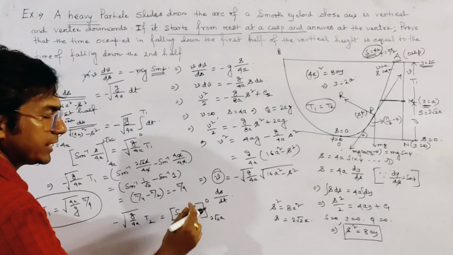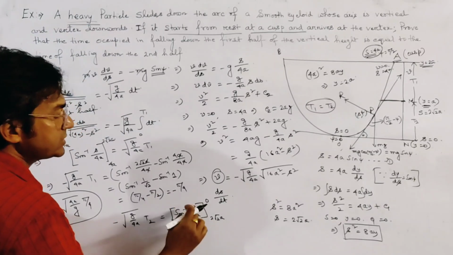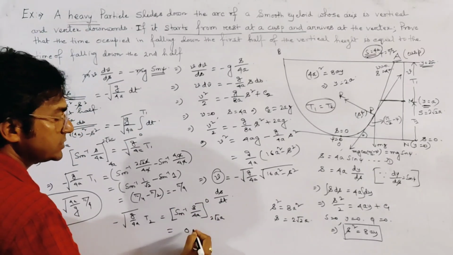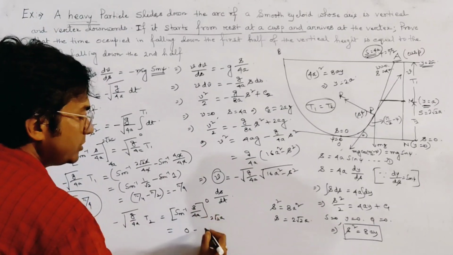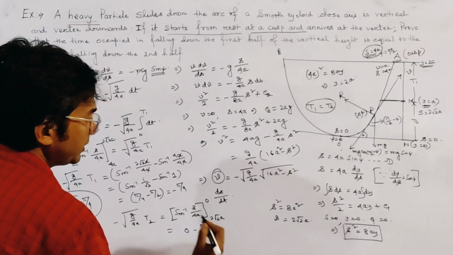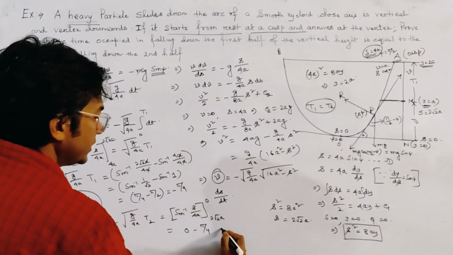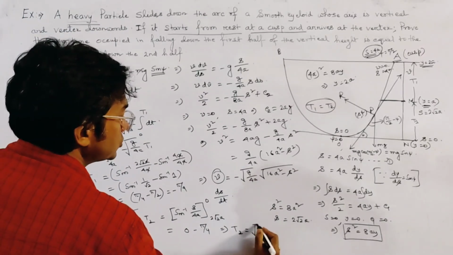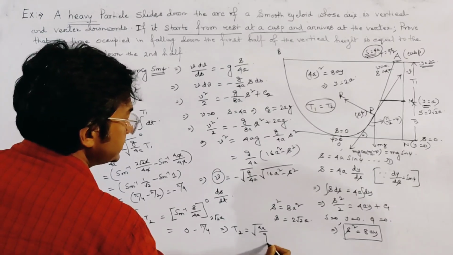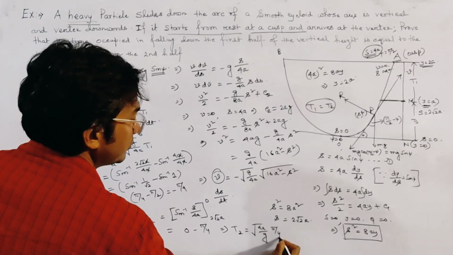By putting the range, for the upper range we get sine inverse 0, and for the lower range sine inverse 1 by root 2, so it is pi by 4, and from this relation we get t2 equal to root 4a by g into pi by 4.